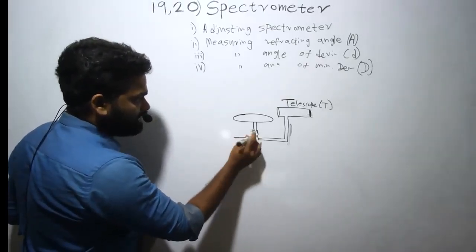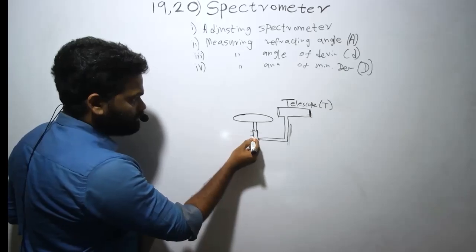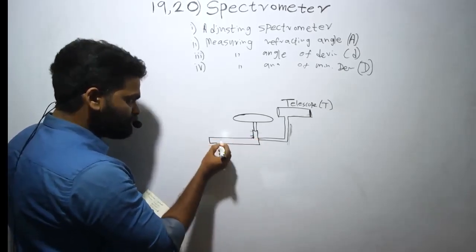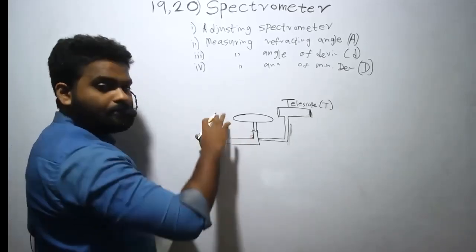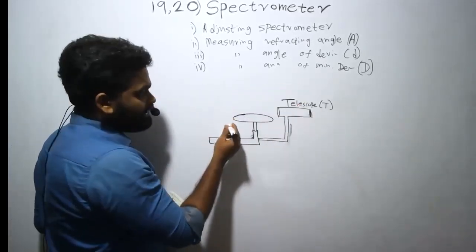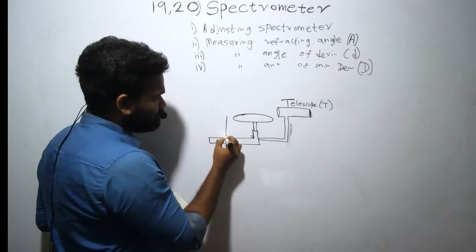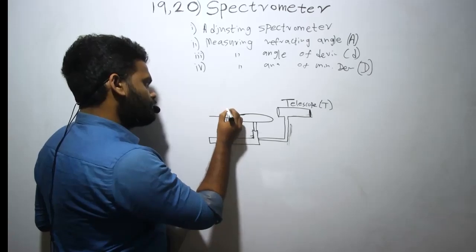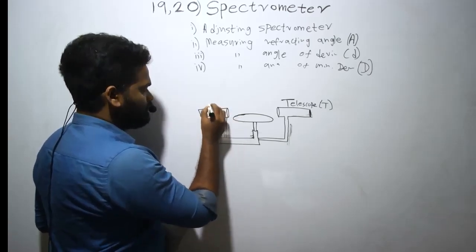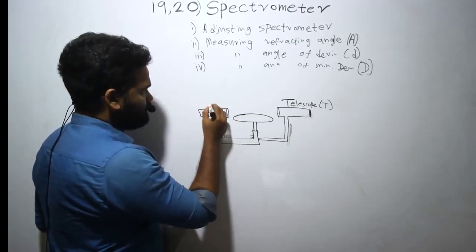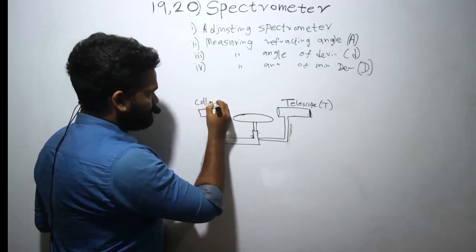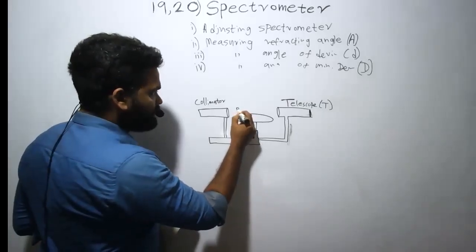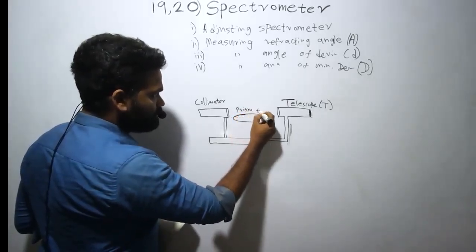Then another part, attached to the stage of the spectrometer, there's a collimator. We call this part the collimator. This is the prism table.